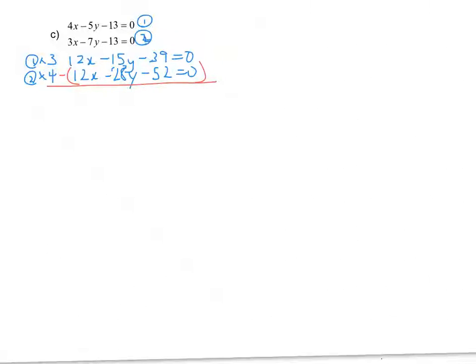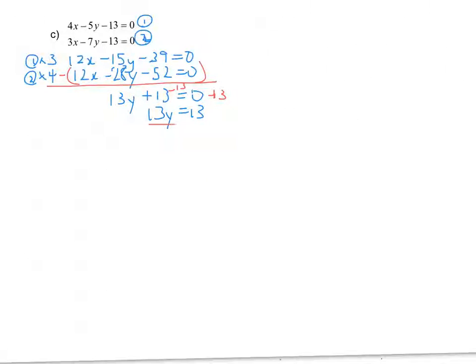So I end up with 13y's, a negative 39, and then take away a negative 52 would be adding 52. I'm going to end up with plus 13, and that's equal to 0 take away 0, which is still 0. I'm going to subtract 13 from both sides. We're going to end up with 13y being equal to 13.